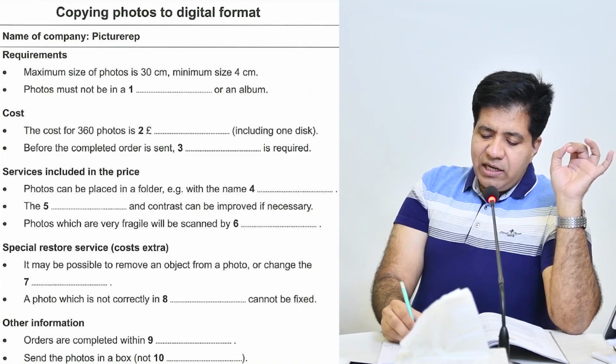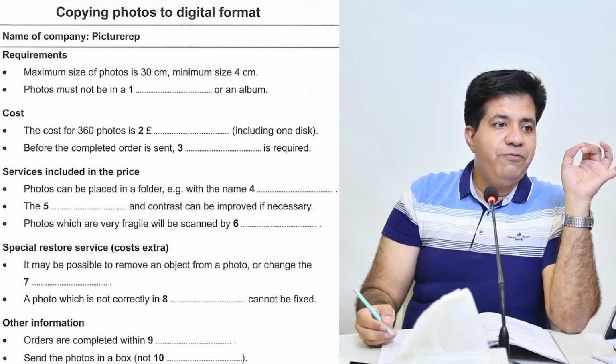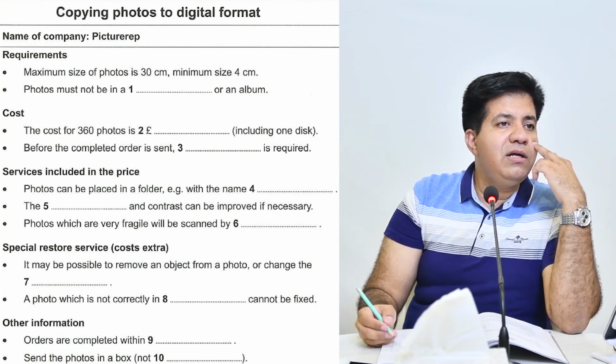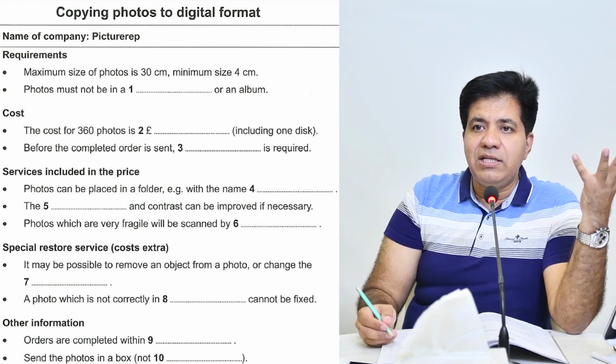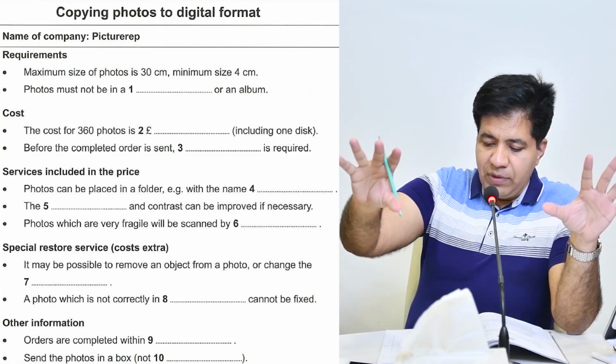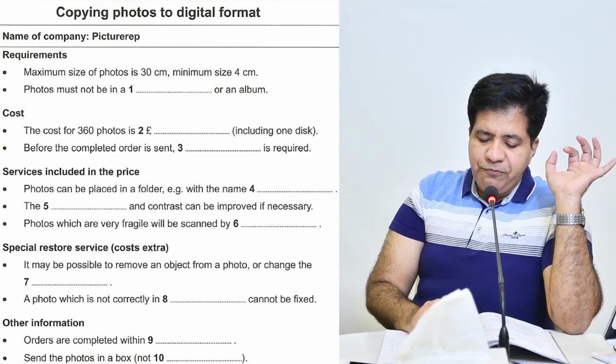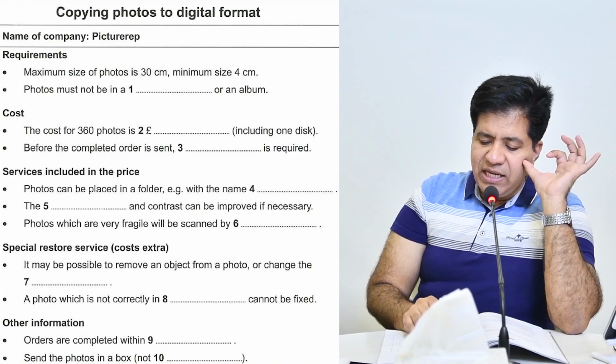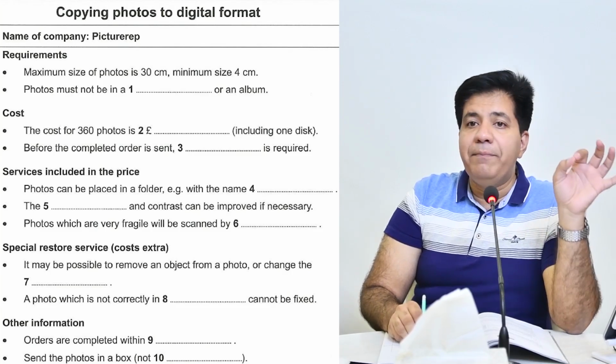Now you can see here 4 centimeter. In first note, can you see 4 centimeter? When they say 4 centimeter, it means audio is there. After that, you can see photos must not be in dash or an album.